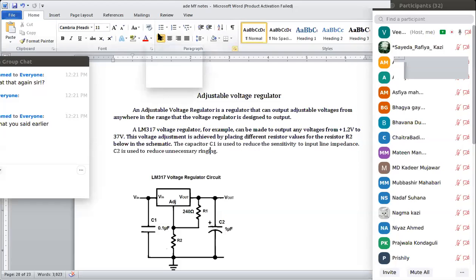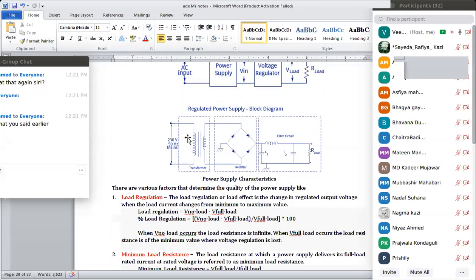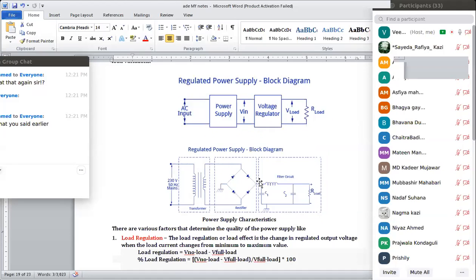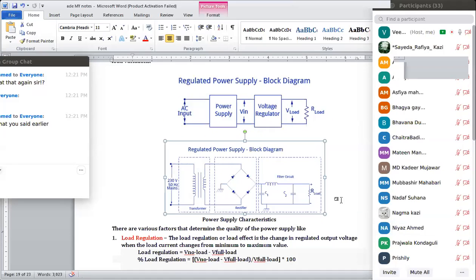Here, what we have seen in the upper side is the voltage regulator, a regulated power supply. A fixed voltage, 5 volts or 10 volts or 15 volts, continuously the same thing. We cannot make an adjustment over here.